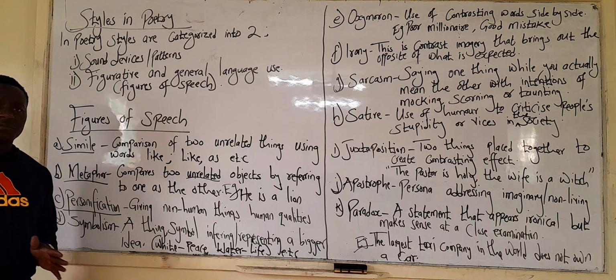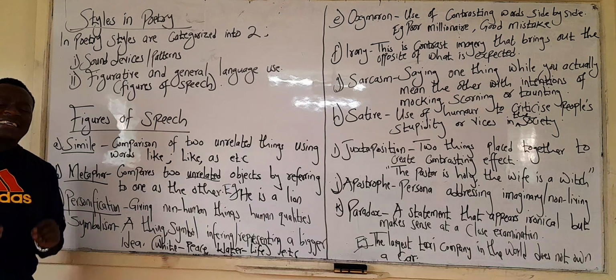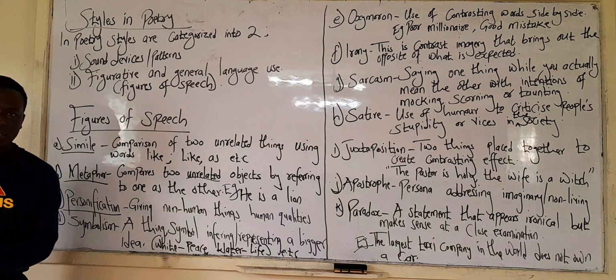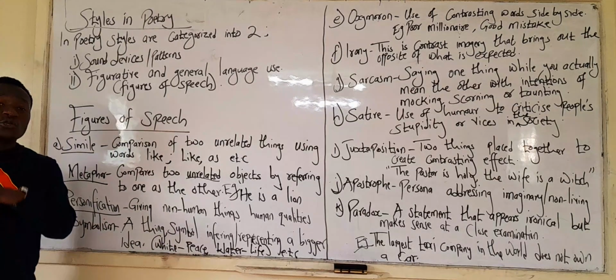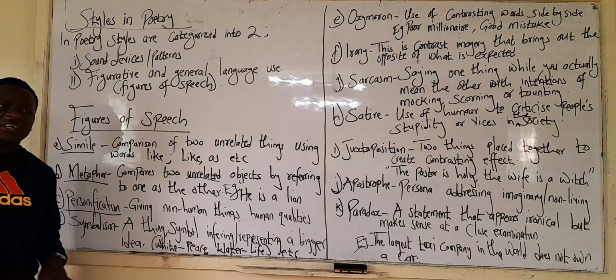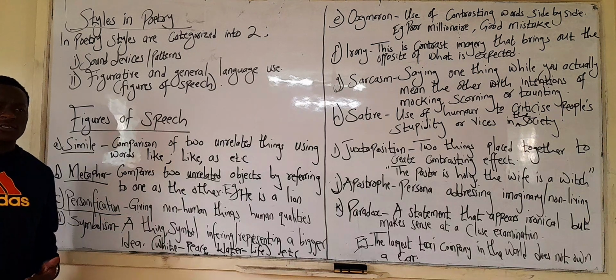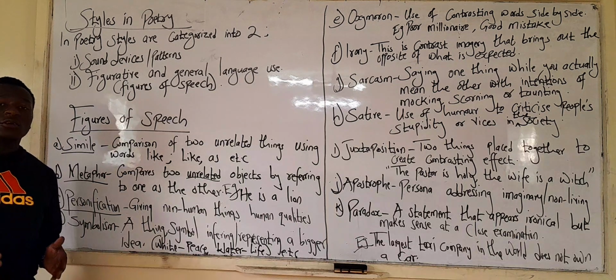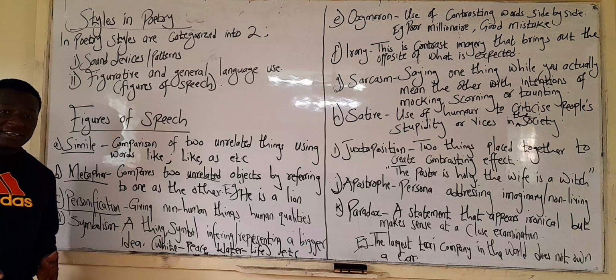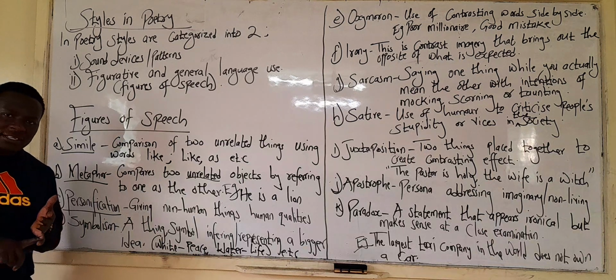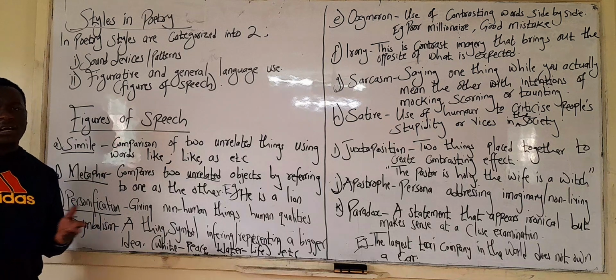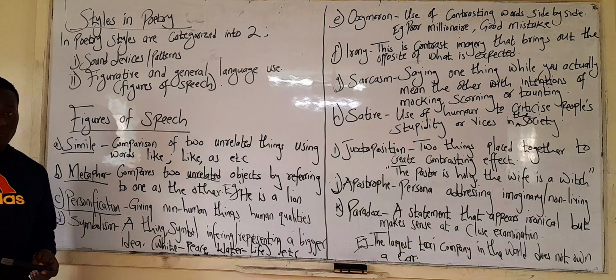This is where non-human things, so anything which is not human, be it an animal, a stone, a locker, a door, anything which is not human, has been given human-like traits, qualities or abilities. There is a case of personification.